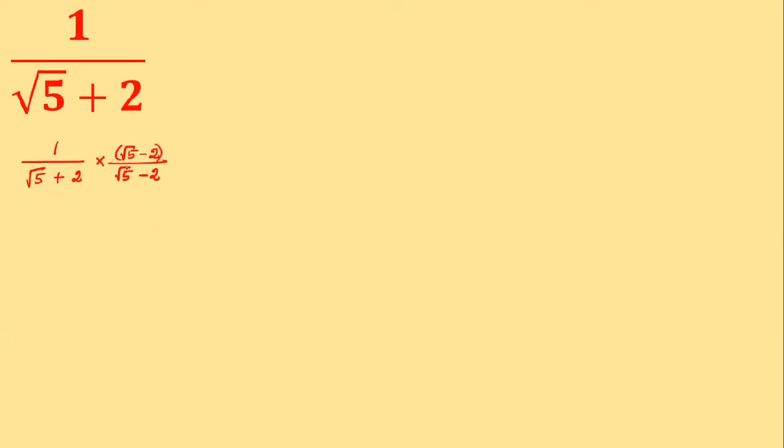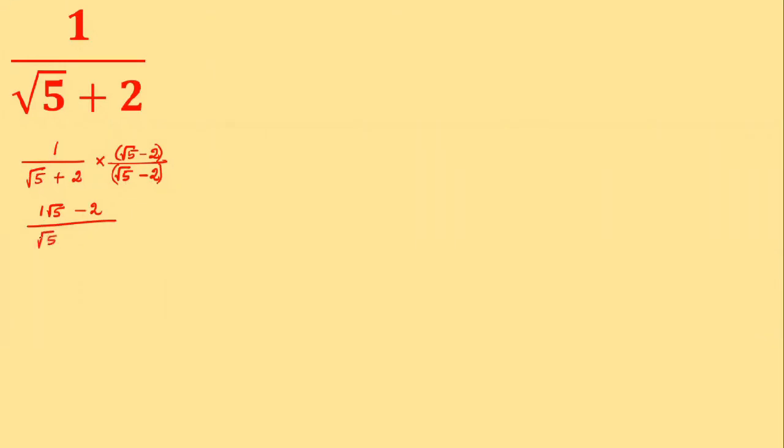Multiply to both numerator and the denominator. Now 1 into root 5 is 1 root 5, minus 1 into 2 is 2, divided by root 5 plus 2 into root 5 minus 2.